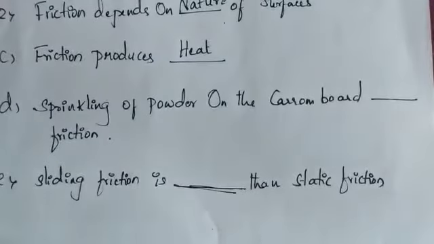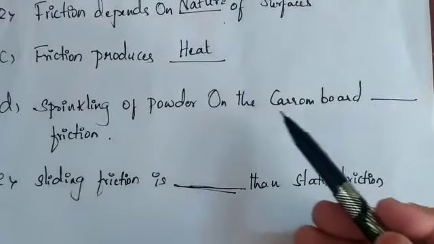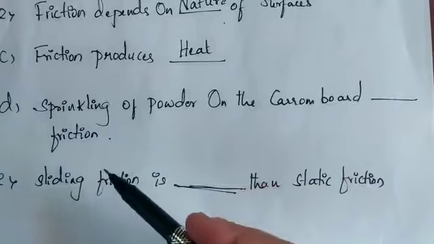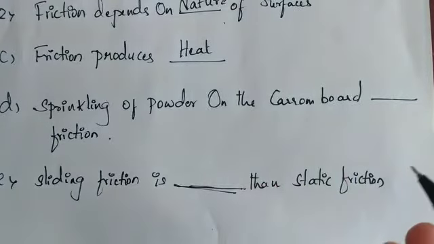Next, sprinkling of powder on the carom board dash friction. If you have not sprinkled the powder on the carom board, you are not able to play it well. Why? Because the surface of the board, as well as the striker or any of the pawns, is very rough.